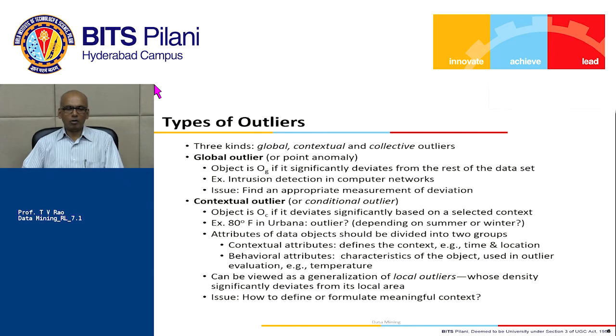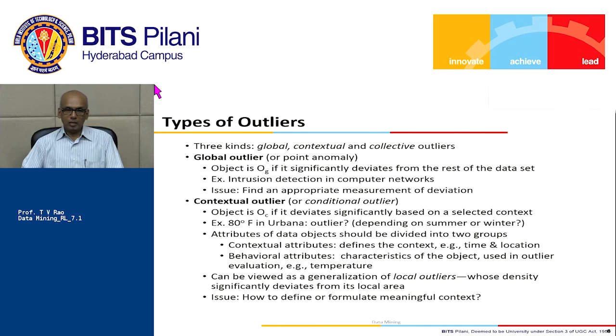The global outlier is an anomaly point which is noticeable from the entire global data, and so we can find some measurement of deviation whereby we can recognize it.